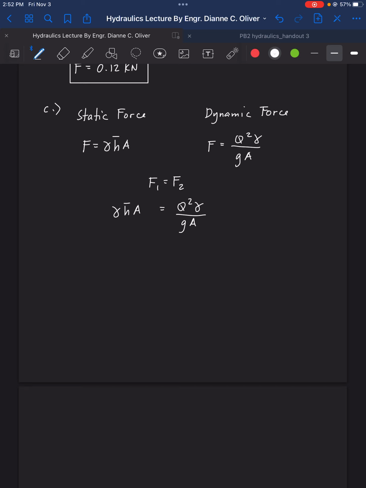We can cancel out the gamma. By the way, is this consistent? If we review the units, that is kilonewton per cubic meter, and then meter squared. Cancel, so we have kilonewton, consistent. So meter.